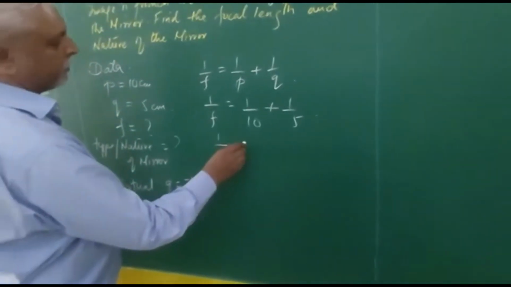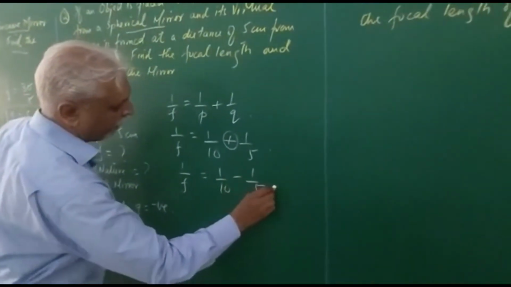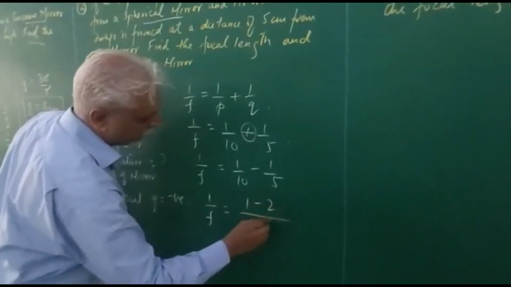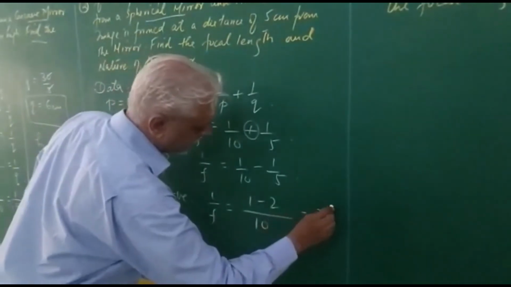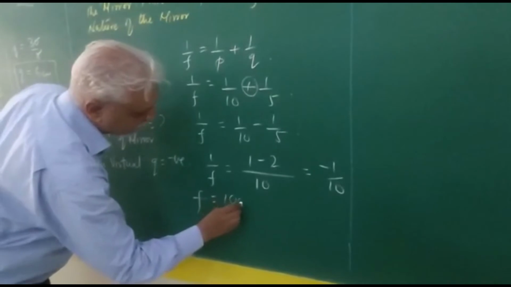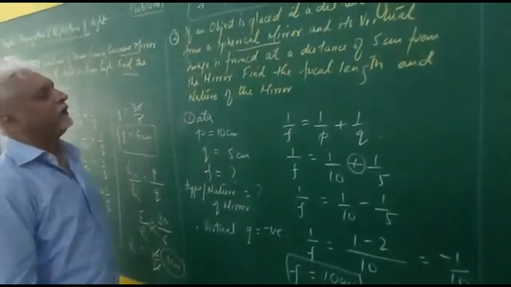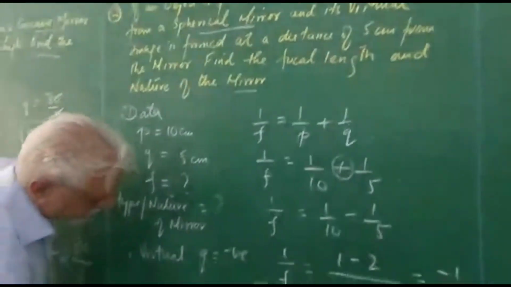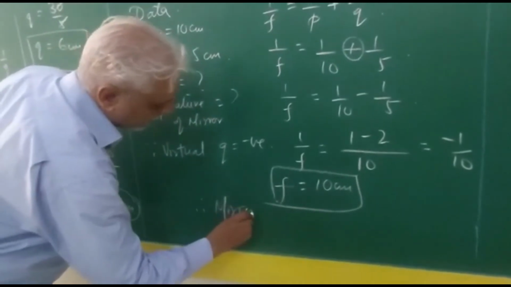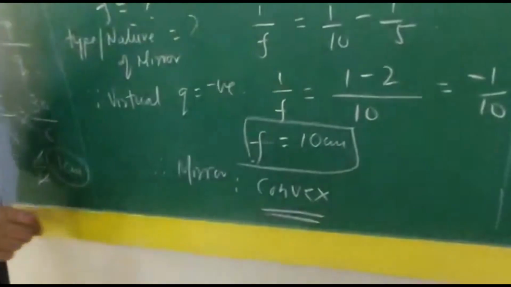So 1 upon F is equal to 1 upon 10 minus 1 over 5. Taking 10 as your LCM, 1 minus 2, so you have minus 1 over 10. So your focal length is equal to minus 10 centimeters. And since focal length is negative, that means your mirror is convex. So therefore, the nature and type of mirror will be convex. I hope this is clear.